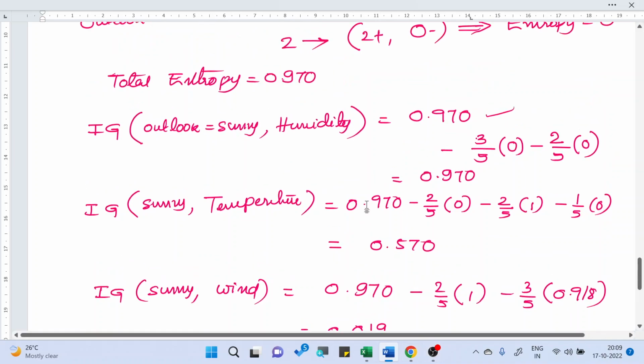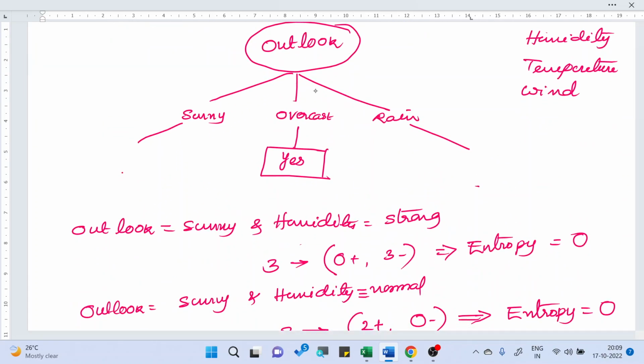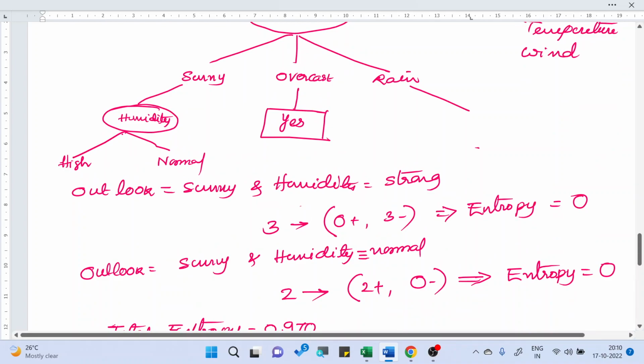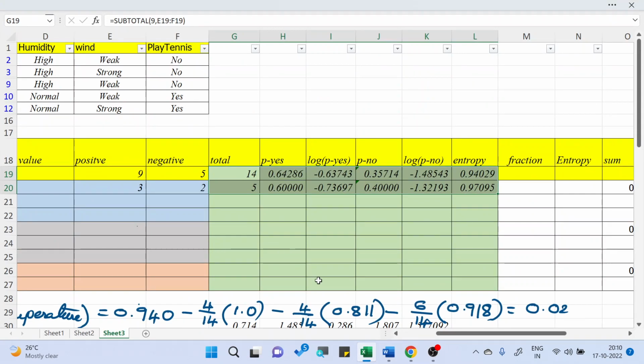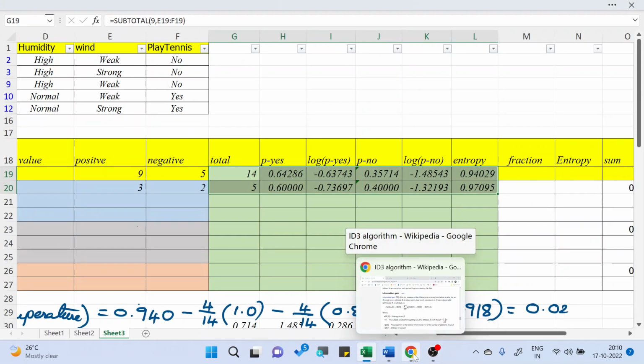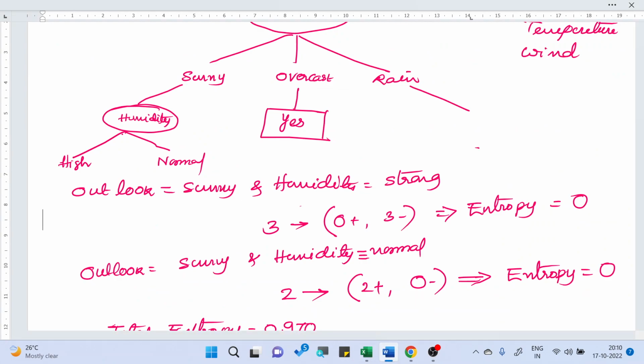Humidity. So, we go back here and we will place humidity here. Humidity has 5 examples, and humidity high, humidity normal. High has 3, and there is no positive, only negative examples.